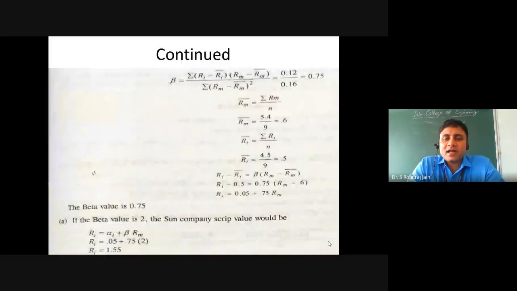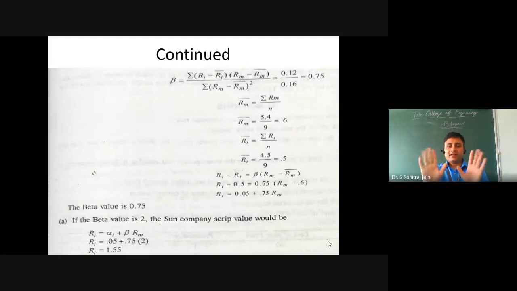That is Ri minus Ri bar is equal to beta into (Rm minus Rm bar), the expression. So I know Ri minus Ri bar is 0.5, beta value just now calculated is 0.75, multiplied by Rm minus Rm bar, which is 0.6. So Ri is equal to 0.05 plus 0.75 into Rm.